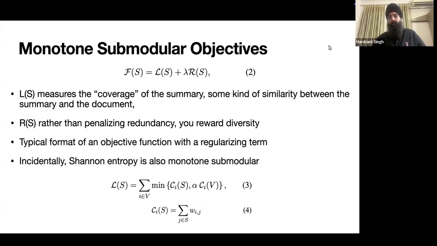So the first term is the similarity of the summary and the document, which is how well the summary represents it. Fidelity is what the paper refers to: it gives you a faithful representation of the whole document. And R is a measure that rewards diversity.